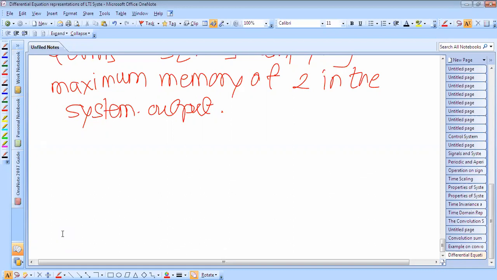So these difference equations are easily rearranged to obtain the recursive formula for computing the current output of the system from the input signal and past output. Okay, so we can rewrite equation number 2.